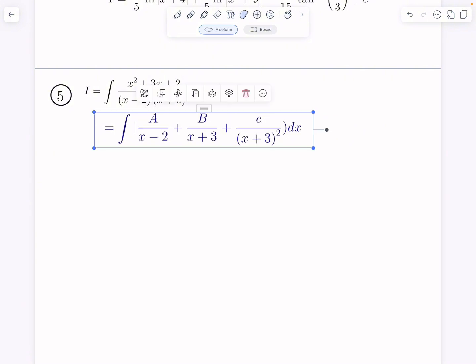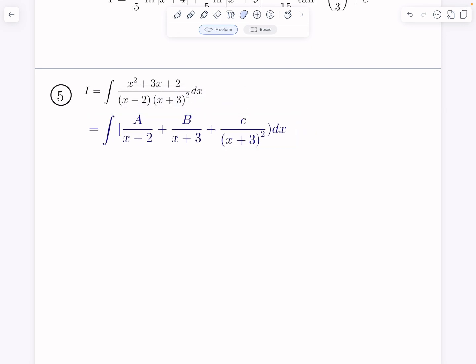Let me see if I can change this one to math mode like a book.